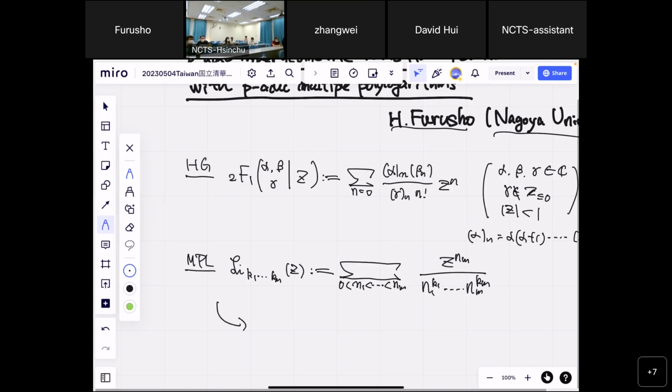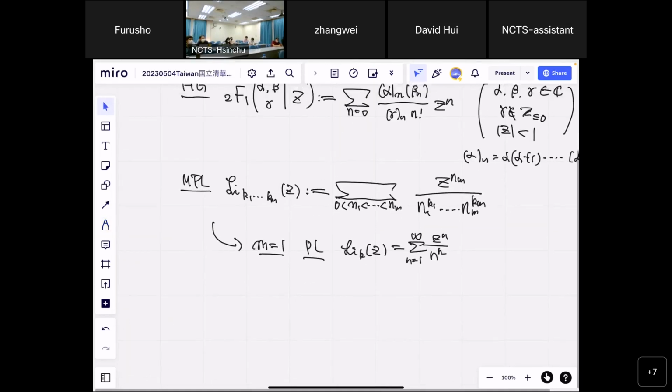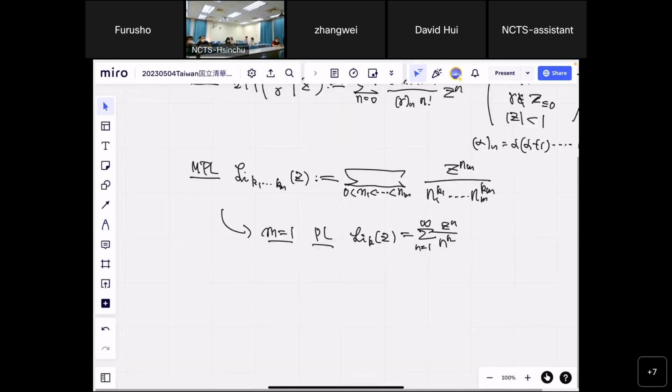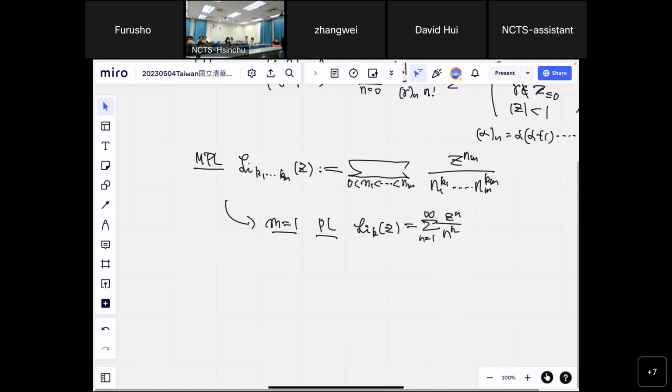When the depth equals 1, this is the polylog, the classical polylogarithm. It is a multiple generalization. I will talk about the p-adic analog of these two functions.